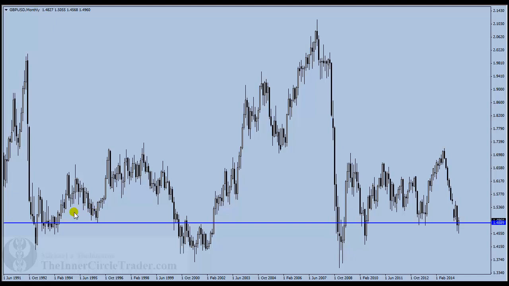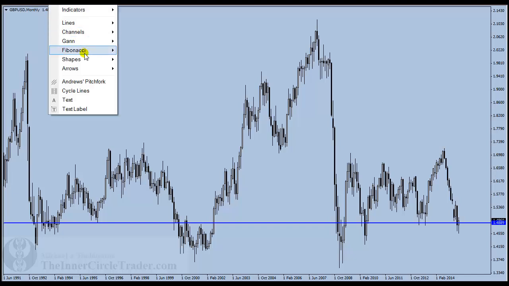Okay, so overall, if you look at the overall range in here, we have the high of this candle here and the low of this candle, and I'll give you an idea what I'm referring to here.